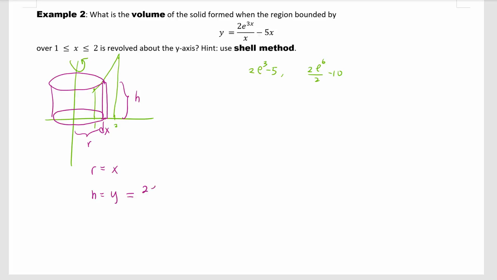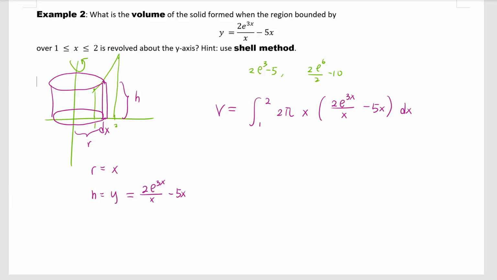Which is 2e to the 3x over x minus 5x. So my volume equals the integral, x goes from 1 to 2, of 2 pi r, r is x, h is 2e to the 3x over x minus 5x dx.